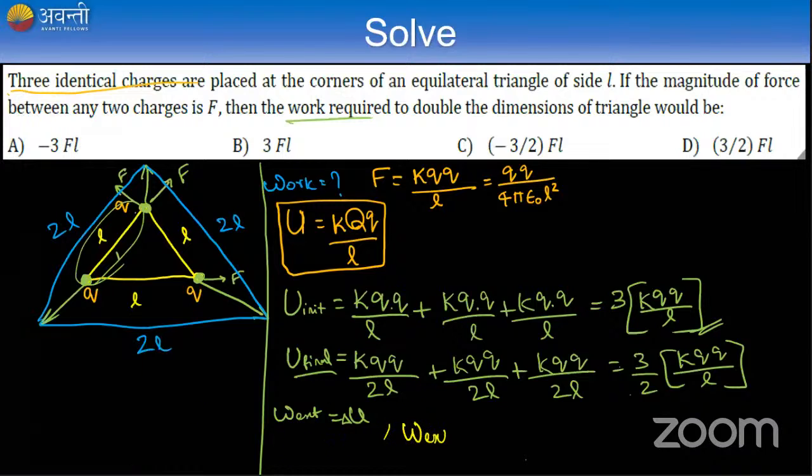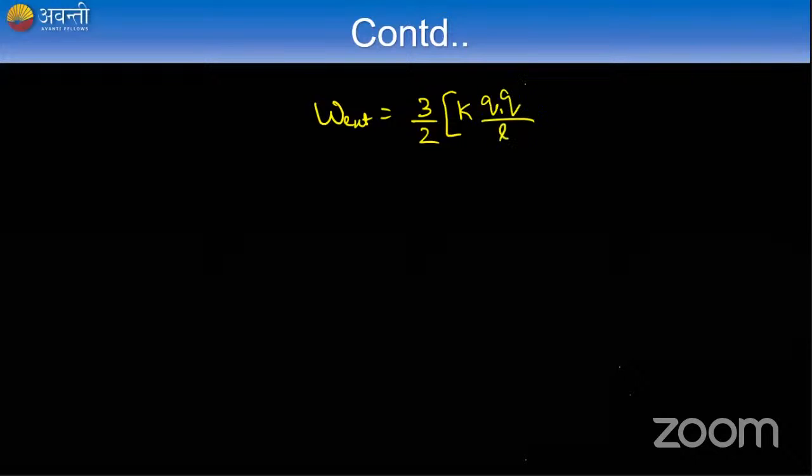Say W external is the change in potential energy, which is final potential energy minus initial potential energy. Try to find the change in potential energy. W external is equal to, what is my U final? 3 by 2 into K times Q into Q by L minus K times Q into Q by L into 3.